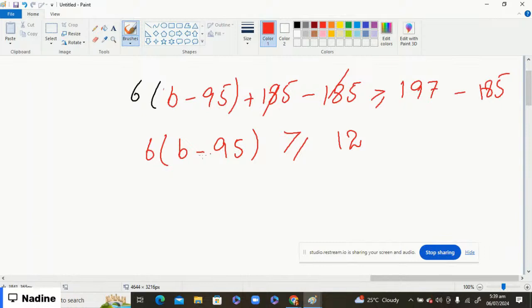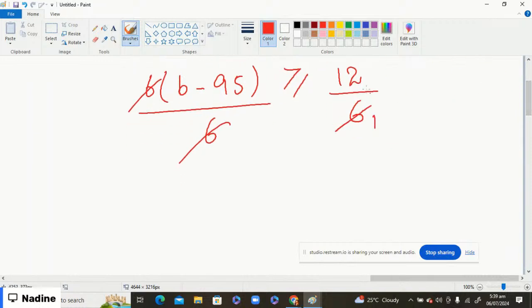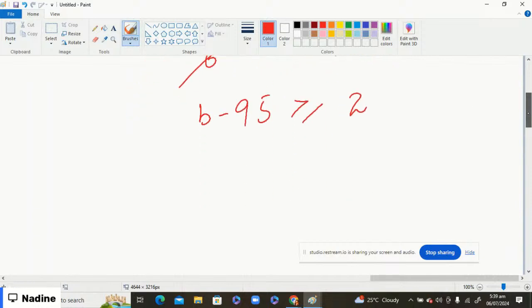Now here 6 is multiplying, so we're just going to divide by 6 on both sides for cancelling out. So what is left? 6 times 2 is 12. So here is b minus 95 greater than or equal to 2. Now which thing is extra? That is 95.